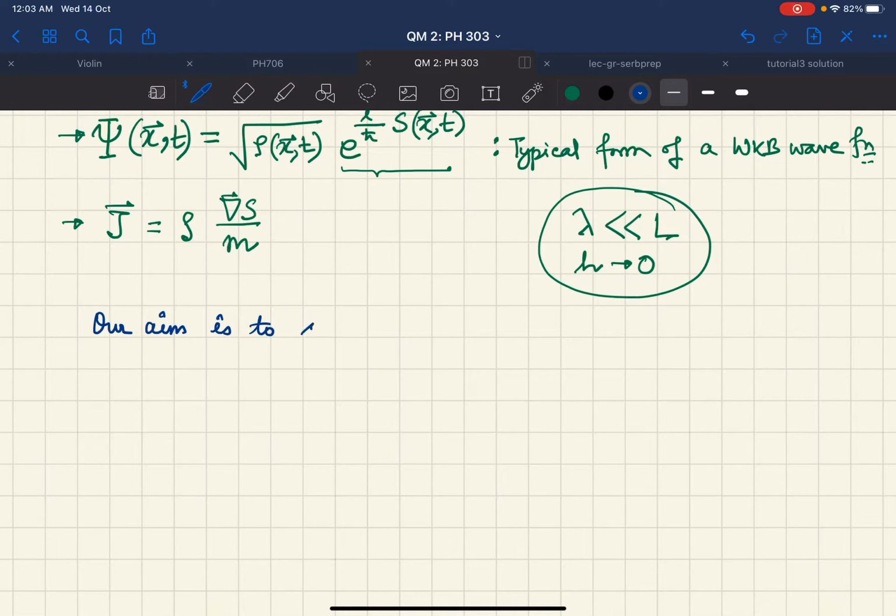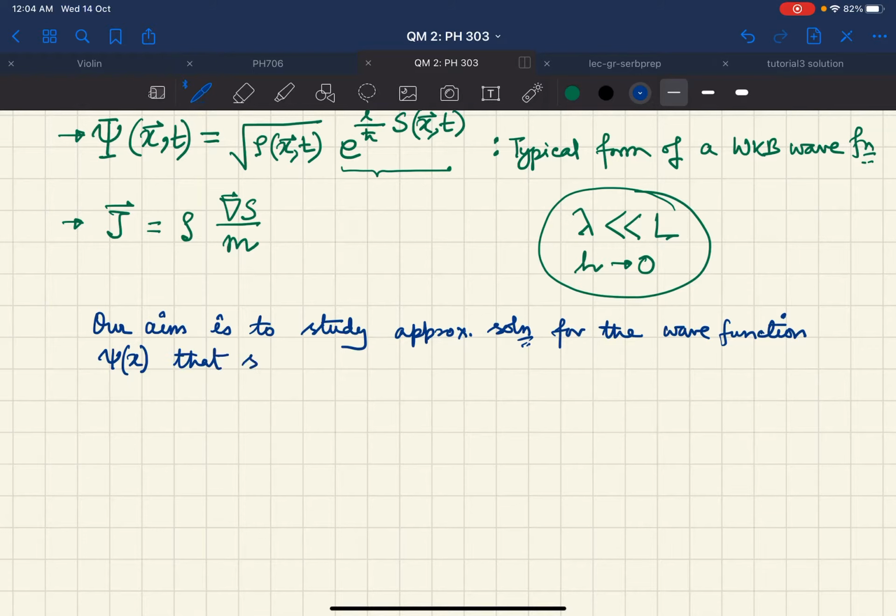is to study approximate solutions for the wave function, which is represented by small psi of x, which solves the time independent Schrodinger equation.